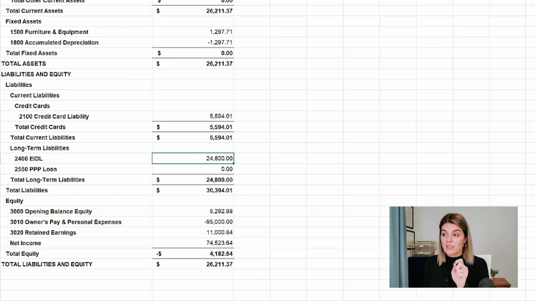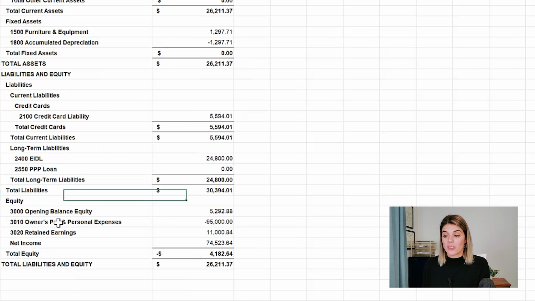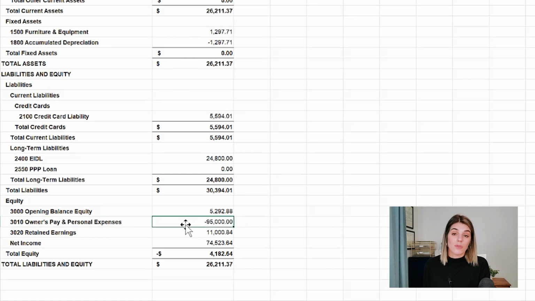That is lowering your cash because you're taking out cash, and then it's lowering your debt. So even though you've paid out that cash, it doesn't show up on your P&L anywhere. Similarly, if you pay your business owner a shareholder's distribution, you would think that might show up on your P&L, but that also doesn't. That is also a balance sheet transaction because it should show up in this equity line, owner's pay, and then it comes out of a checking account and goes into the owner's pay account.